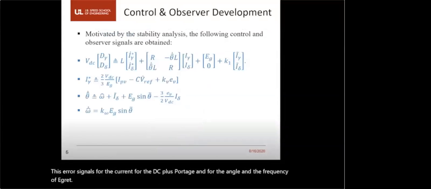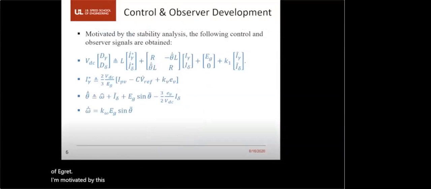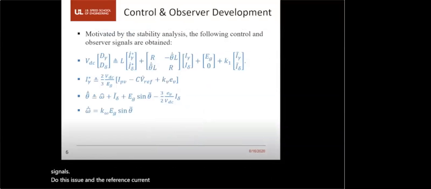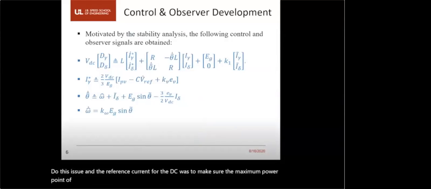And motivated by these error signals and the stability analysis, we can obtain our control signals, duty ratio, and the reference current for the DC bus to make sure of the maximum power point of the PV panel, and the observer or estimated law for the grid angle and the frequency.